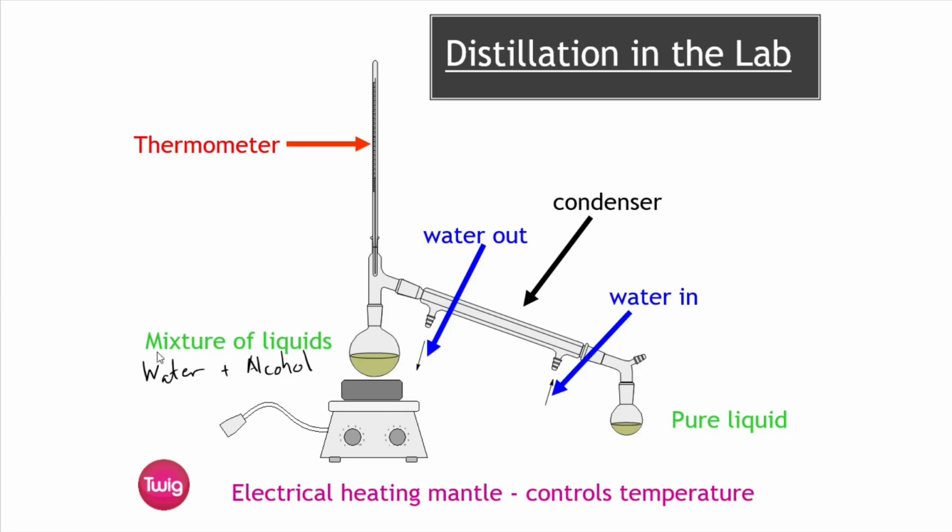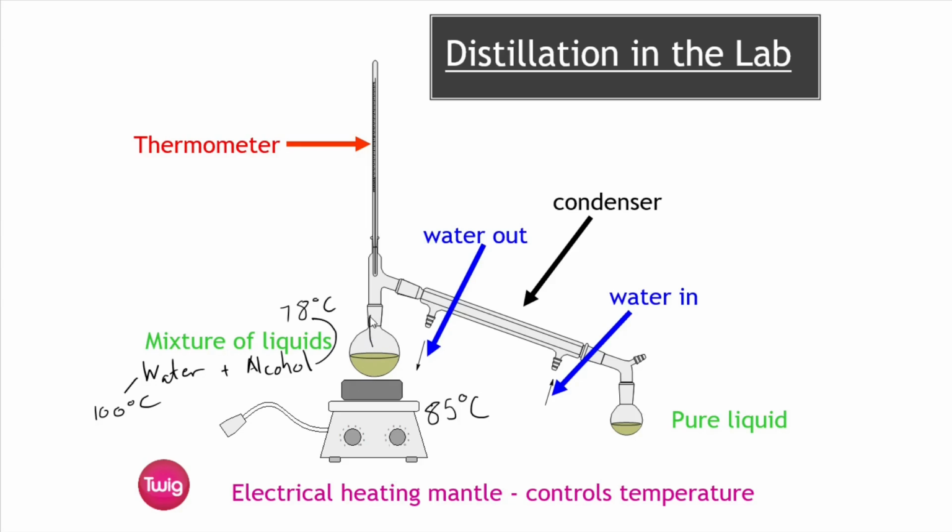So we should be comfortable with the fact that water's boiling point is 100 degrees C. Now alcohol's boiling point is around about 78 degrees C. So if we use something like an electrical heating mantle to heat up this mixture, let's say we heat it up to 85 degrees, then we wouldn't expect all the water to be able to boil, but all of the alcohol will be able to boil and turn into a vapor. And that's exactly what would happen. If we heated up this mixture to 85 degrees, the water wouldn't be able to boil, but the alcohol could.